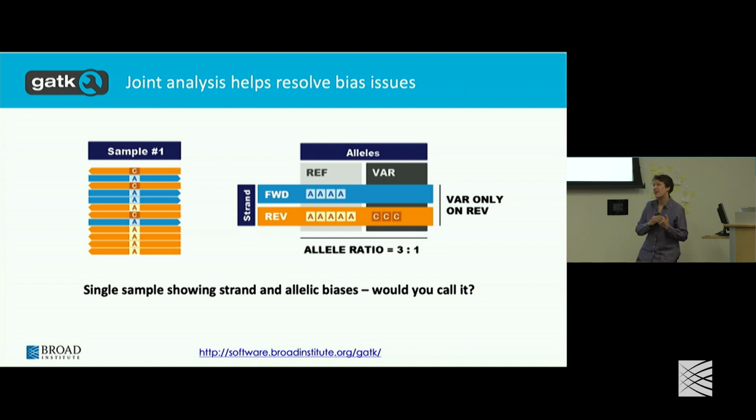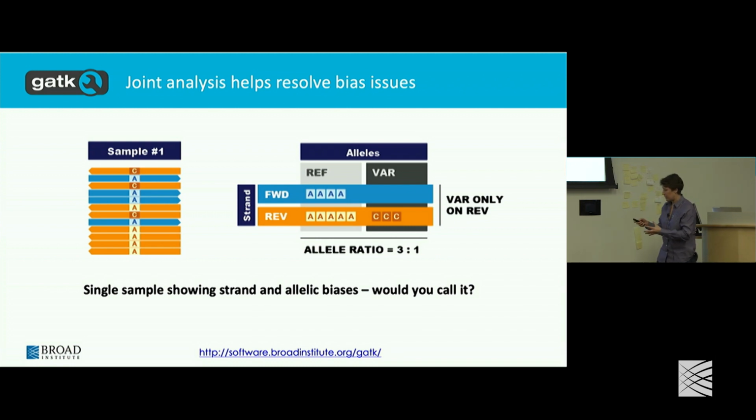We're not seeing it on any of the forward reads. Now, that might just be because there are fewer forward reads, and we just didn't happen to catch any with the variant allele. But that could also be a sign of an artifact. And we know of various types of artifacts that cause strand-specific allele artifacts.